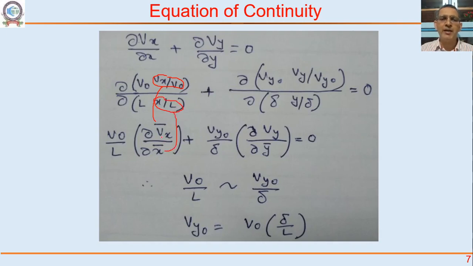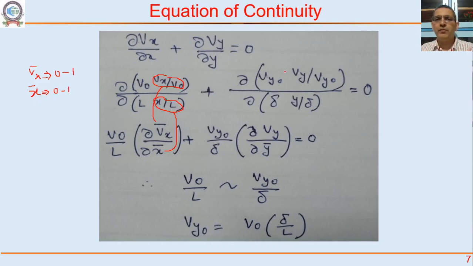So Vx bar is going to vary from 0 to 1. Let me just write that. Vx bar varies from 0 to 1. Is that clear? X bar varies from 0 to 1.